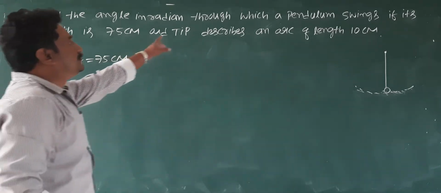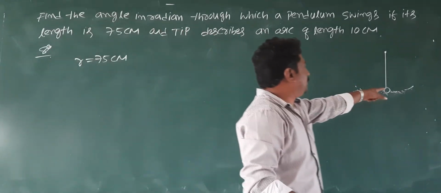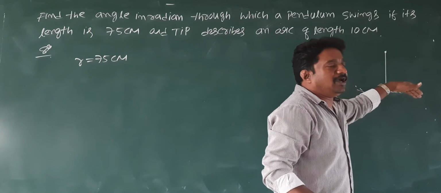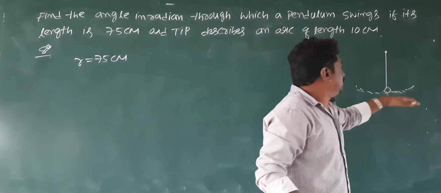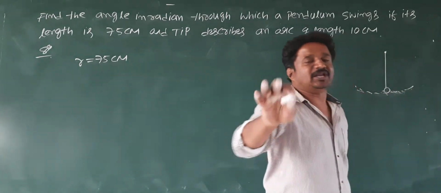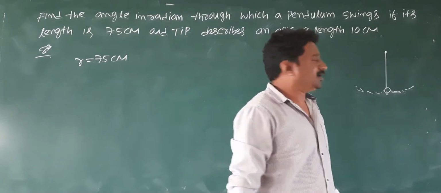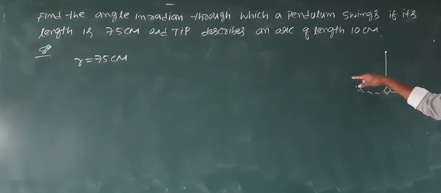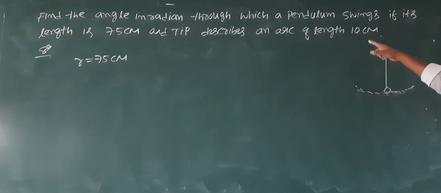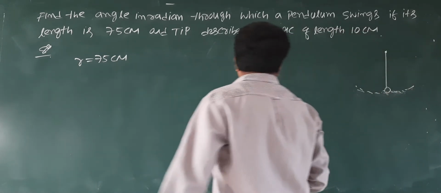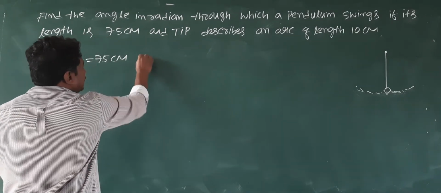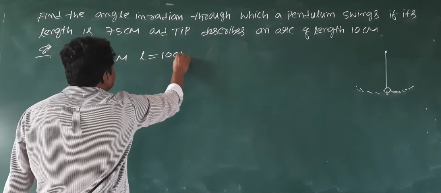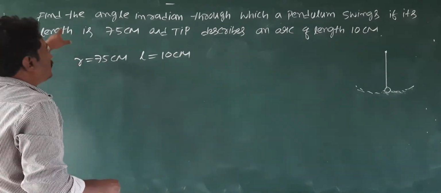The tip describes an arc length. While the tip is moving, a circular arc will be generated. Arc length is also given. L is 10 centimeter. Here it is asked to find theta.